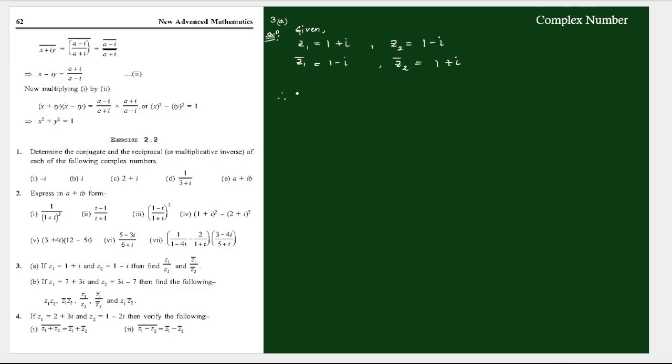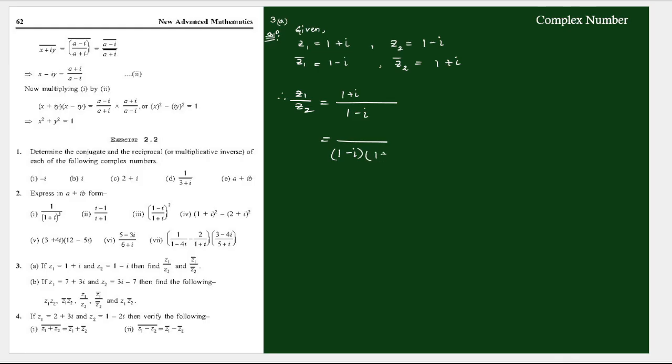Therefore z1 by z2 equal to, what is z1? 1 plus i. What is z2? 1 minus i. So take the conjugate of the denominator.